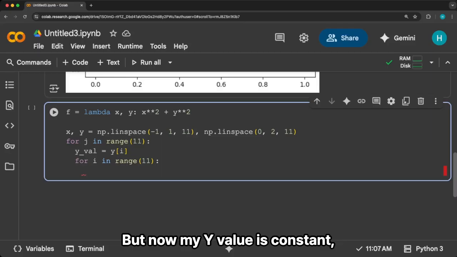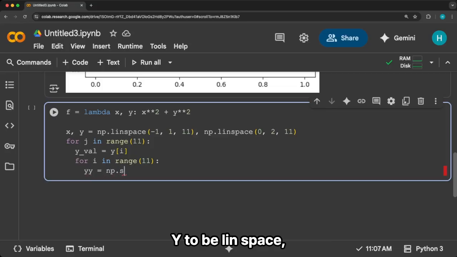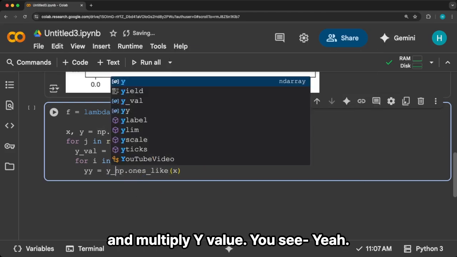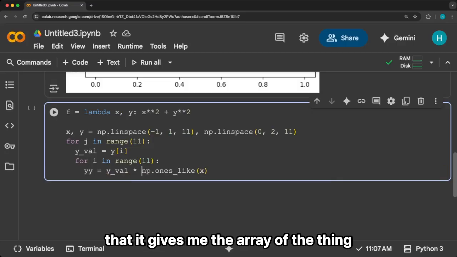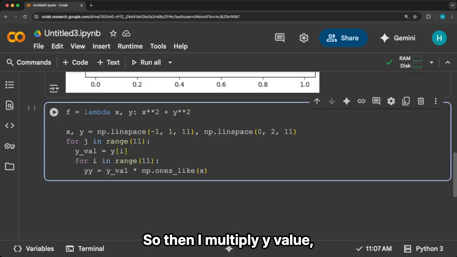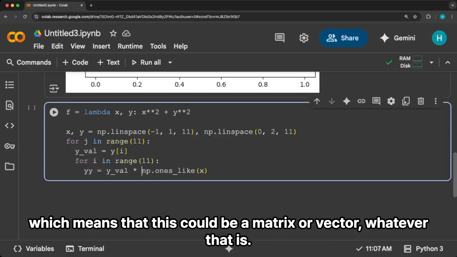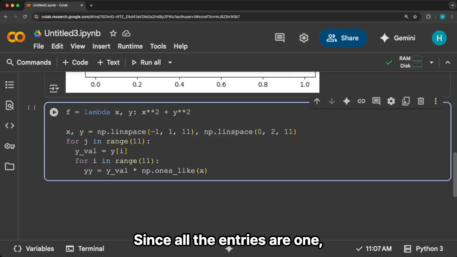But now my y value is constant, so I can take yy to be ones_like x, and multiply by the y value. ones_like gives me an array of the same shape as x, but every entry is 1.